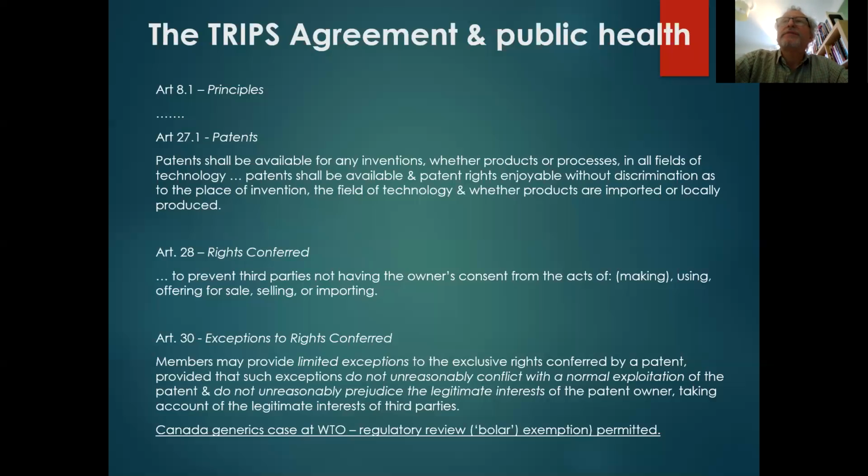But stockpiling of the medicine, so producing it for sale and preparing it for sale so it is in its packaging, it fails the three-step test, and therefore that is not allowed. So Canada had to change its law to continue. It was allowed to continue with the regulatory review exception, but it had to cancel the stockpiling exception.